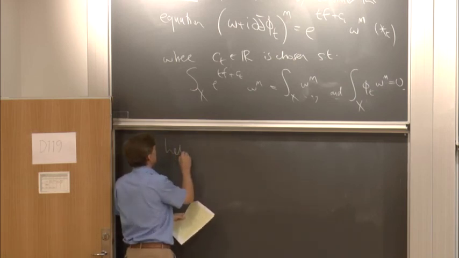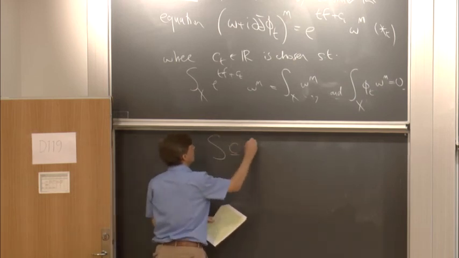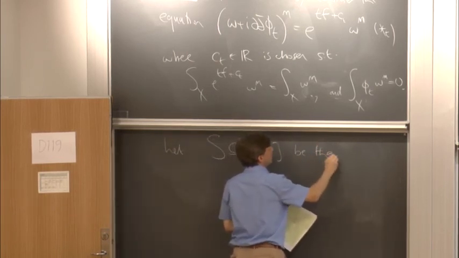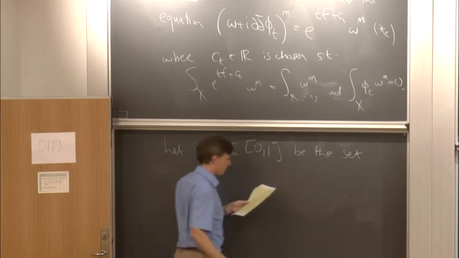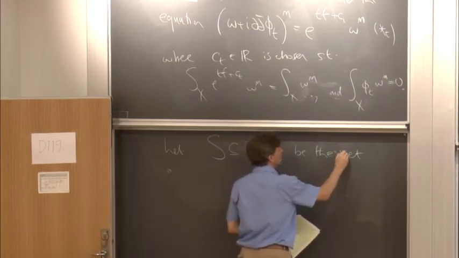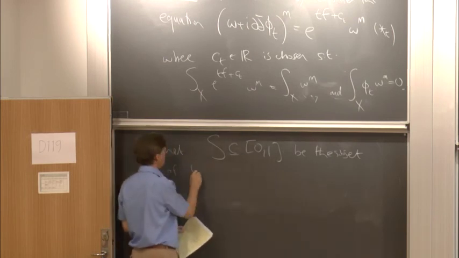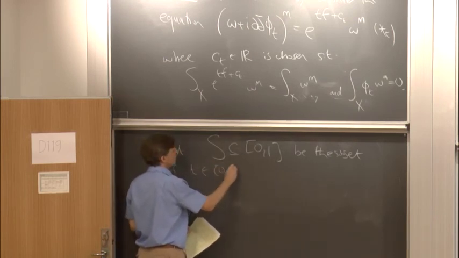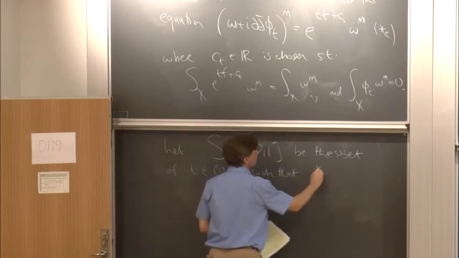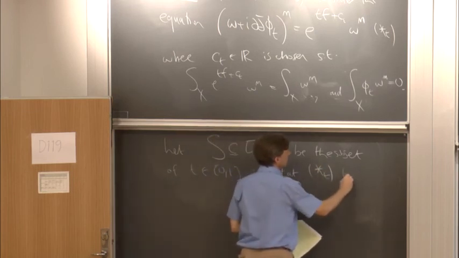So let big S, a subset of 0 up to 1, be the set of t in [0,1] such that equation star t has a solution.